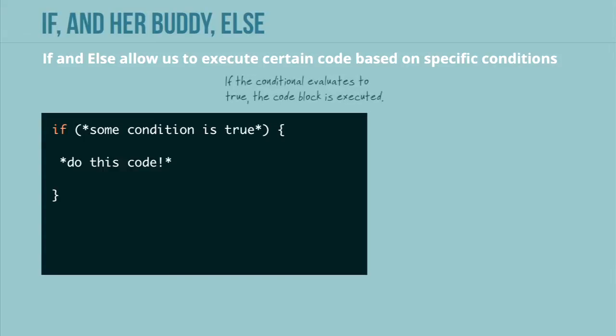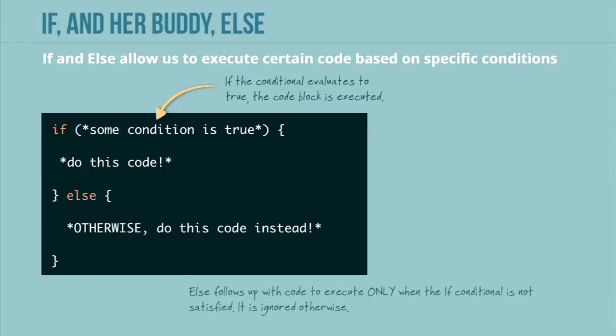If some condition is true, then we're going to do this code. This code is the code inside the if block. Else says otherwise, do this code instead. Notice that if the condition in the if block is true, only the if code gets executed, and the else code only gets executed if the if condition is false.